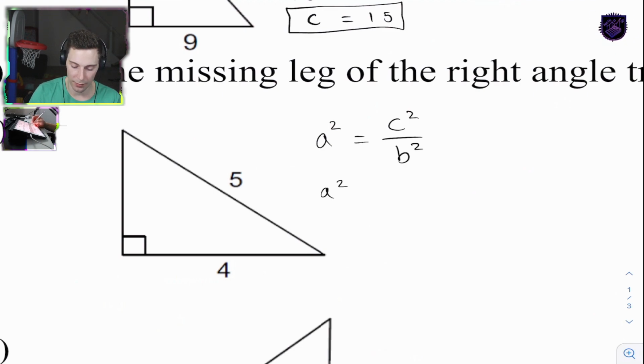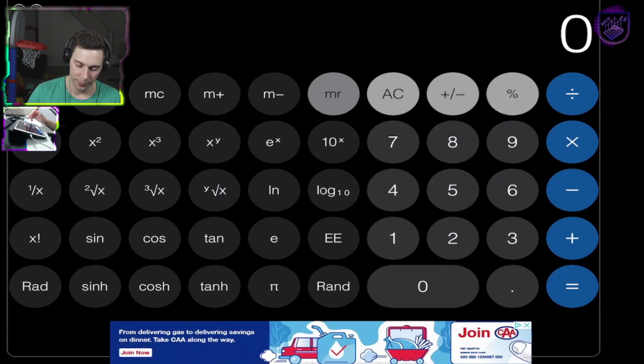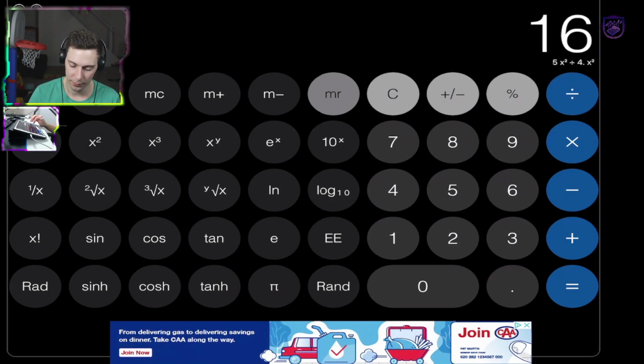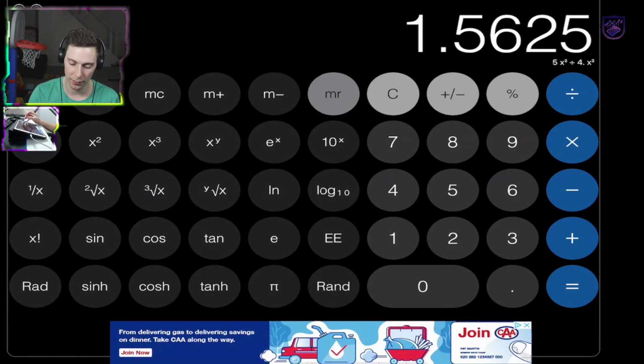So a squared is going to equal 5 squared divided by 4 squared. So let's put that into our calculators. 5 squared divided by 4 squared is equal to 1.5625.